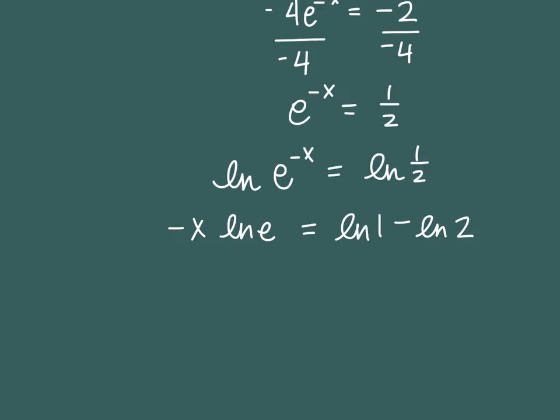Okay, that is called the quotient property because 1/2 is a quotient, and I can separate it. ln e is gone. Okay, so negative x equals ln1 minus ln2. Divide by negative 1.